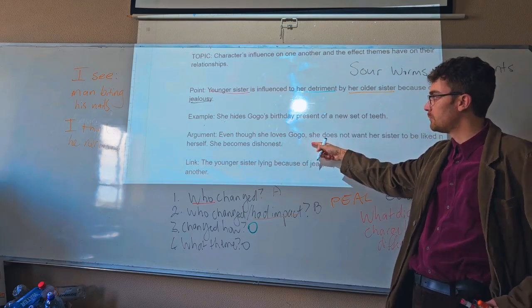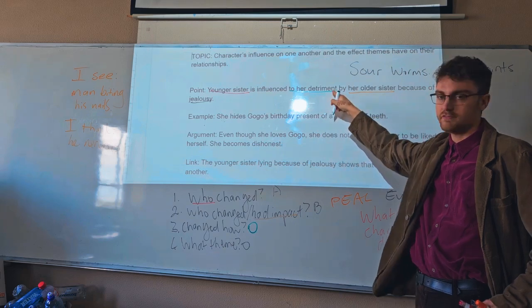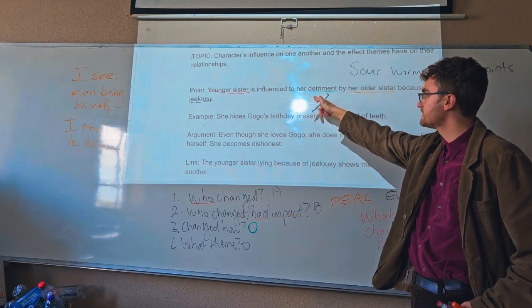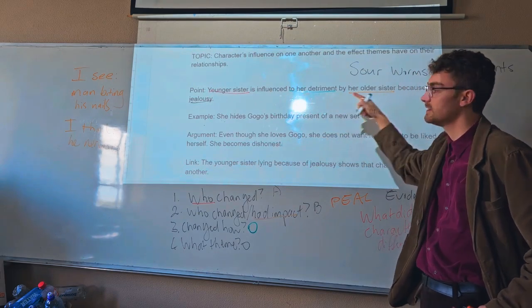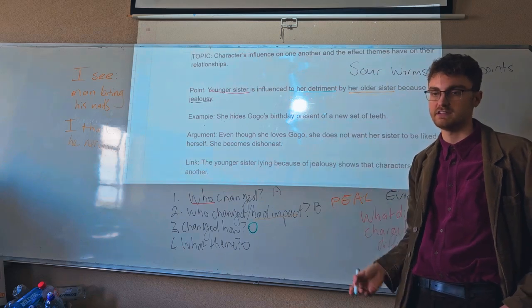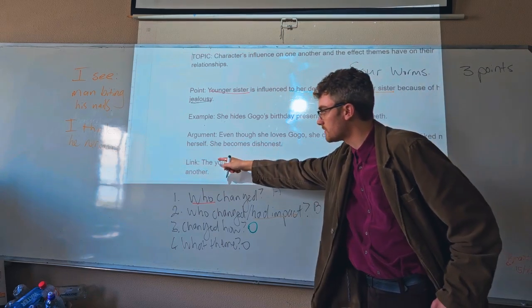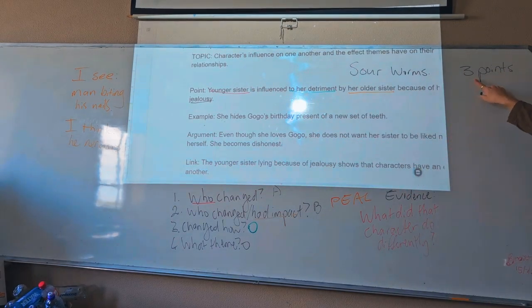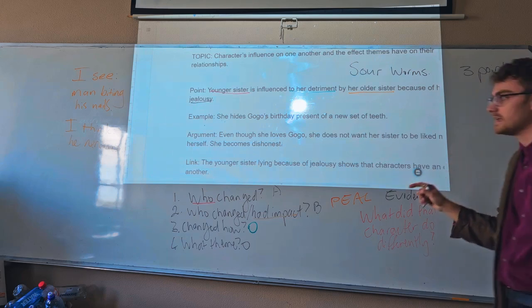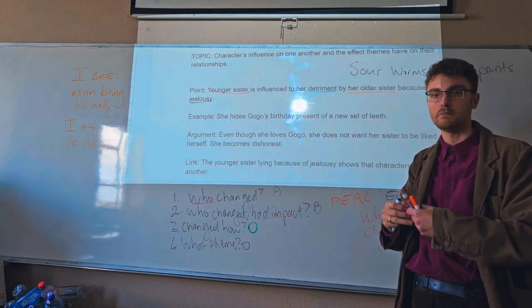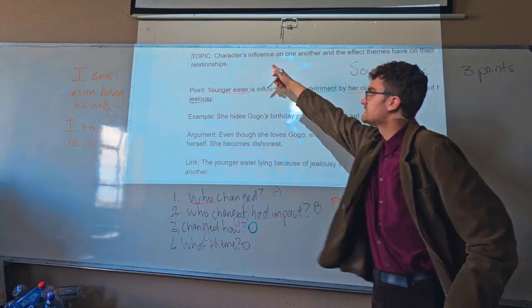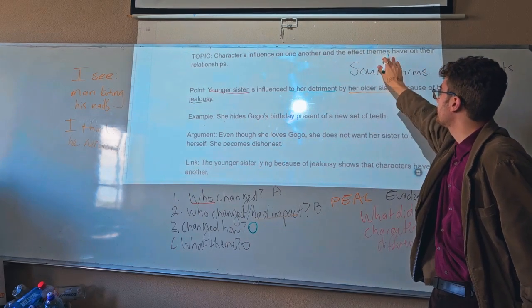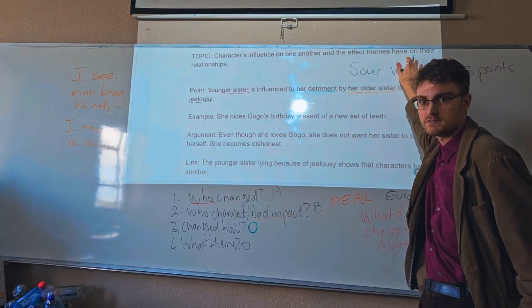So we've now backed up the evidence, the statement that we've made, this point that we've made, that the younger sister is influenced to a detriment by her older sister because of this theme, jealousy. So to create the link, because we'll be making different points, like I said, we'll have 3 different points, each point will need to come back to the topic, which is over here, that characters have an influence on one another, and the effect that themes have on relationships.